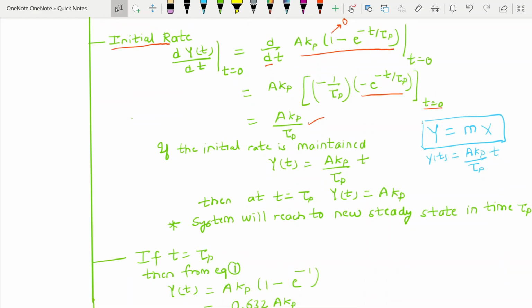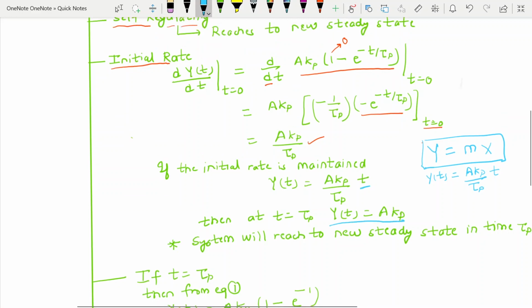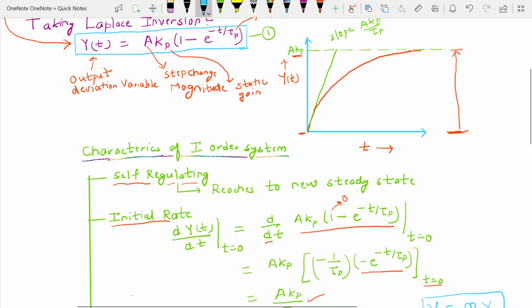Now if I put time t equal to tau p here, yt will become akp. That means if I see from the graph, this point is my tau p.